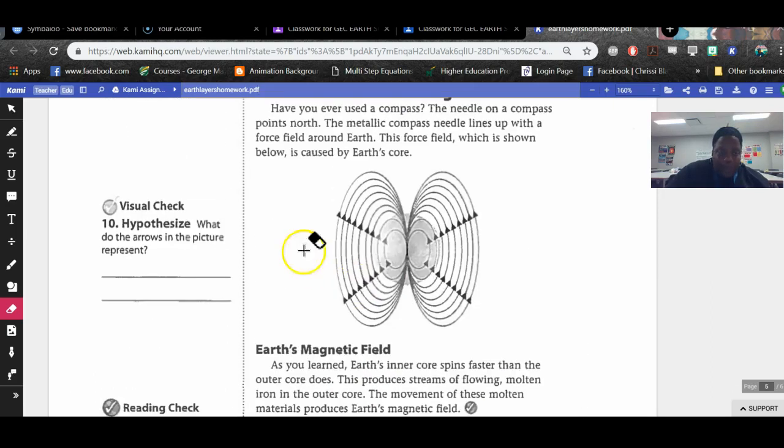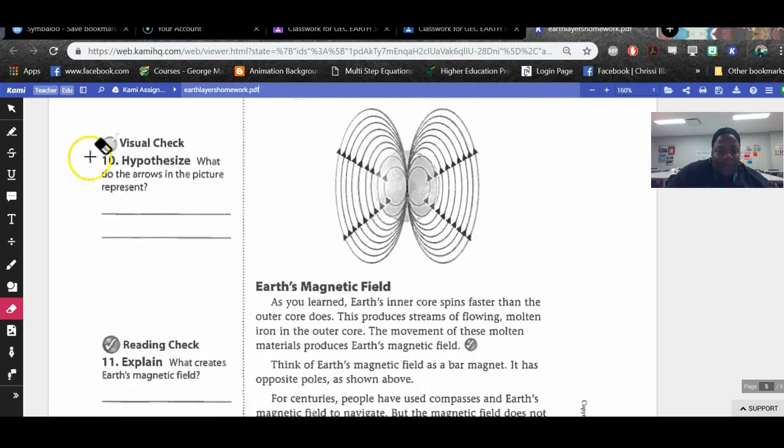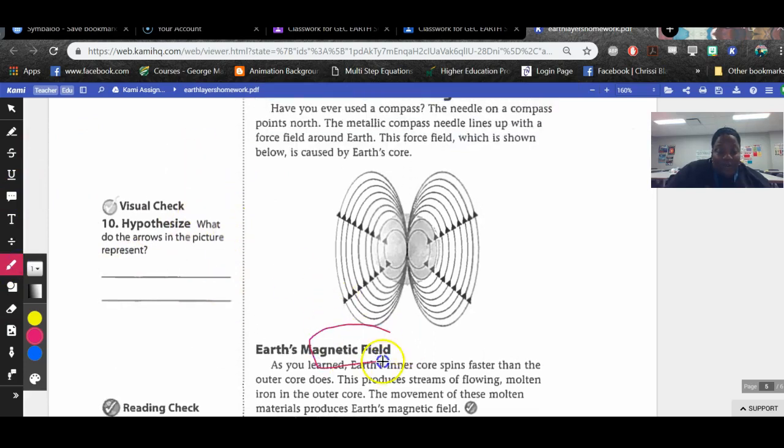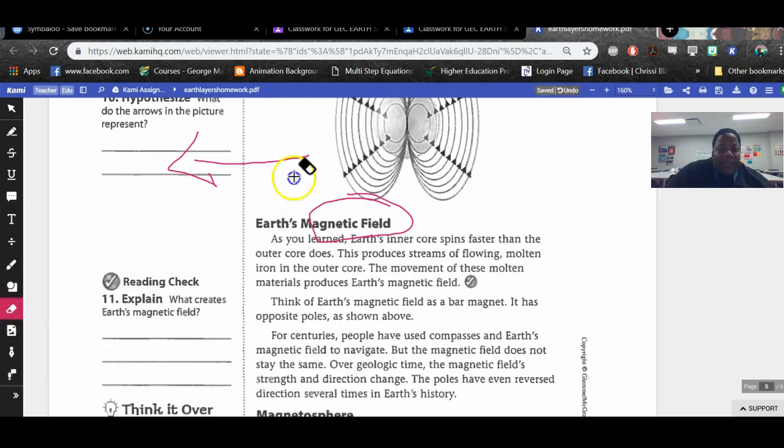So number 10, what do the arrows on the picture represent? I say the arrows in the picture represent the force field. So the force field or the magnetic field, I would say it's this, or even if you put force field, I'm going to count it right for this one.